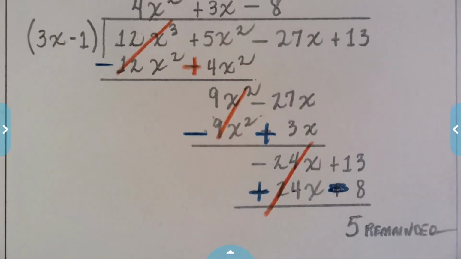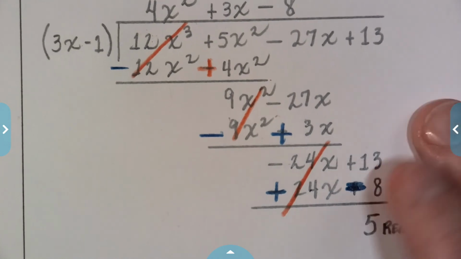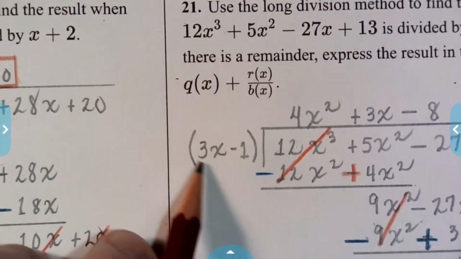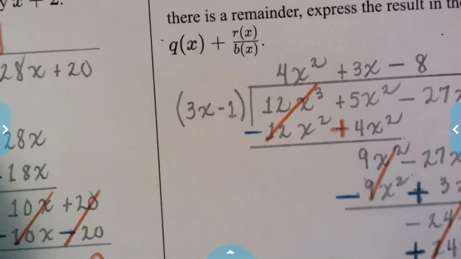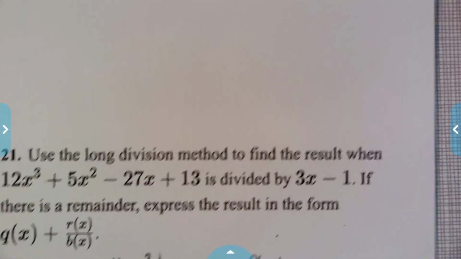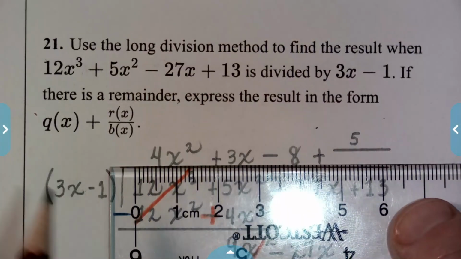Okay, so what do you do with that? Well, what you do with it is you just put 5 over 3x minus 1. So up here in the quotient area, you write plus, oh, I'm sorry, you can't see, plus, and then you put up here, try to write it real tiny, 5 over, and then down here below, write 3x minus 1.